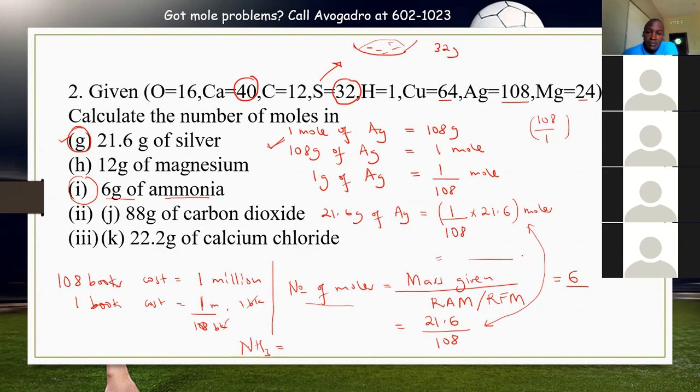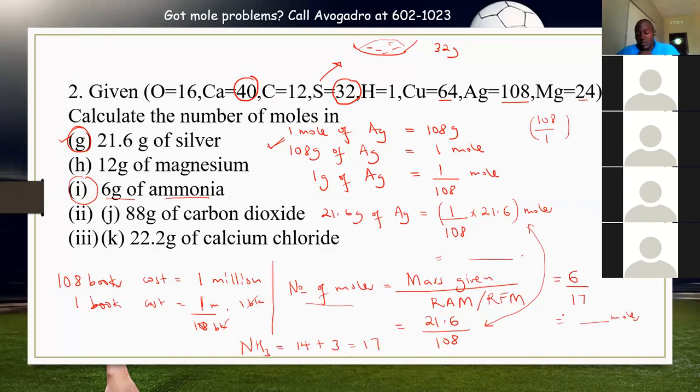Nitrogen is 14. Was it given? It wasn't, but nitrogen is 14. Plus hydrogen is 1 times 3, which is 3. So this is equal to 17. So we shall have 6 over 17 moles of ammonia. So that's how you'll be doing the other questions as well.